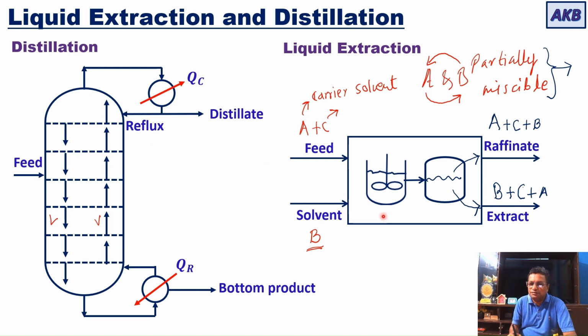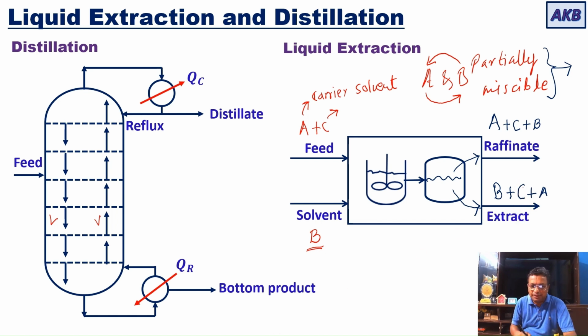Whereas in the case of liquid extraction, we are adding the second phase from outside. So there is the cost of solvent that is involved. Plus, our aim is to recover C.